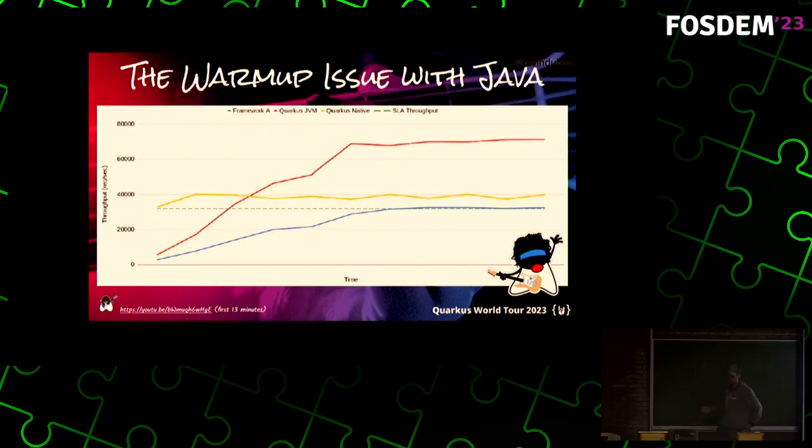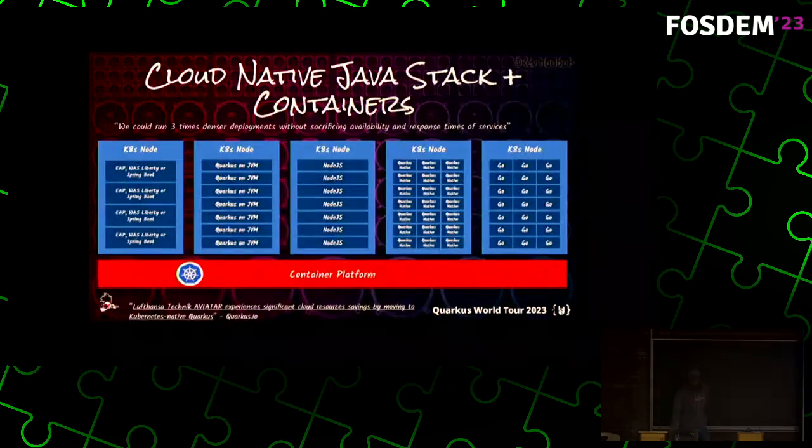Now, Quarkus isn't just about fast startup time. It's not just about memory, but it is a nice feature of Quarkus. So if we think of containers and Kubernetes nodes, traditional Java applications running on EAP or WebSphere or whatever, running on a Kubernetes node, you can see they take up quite a bit of space.